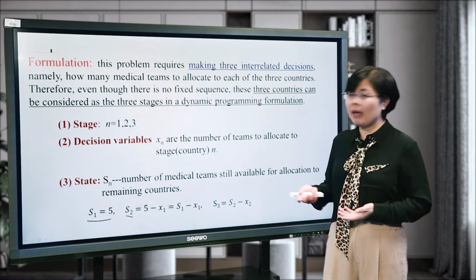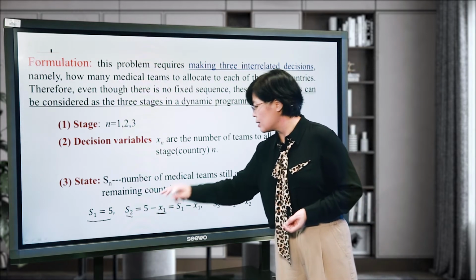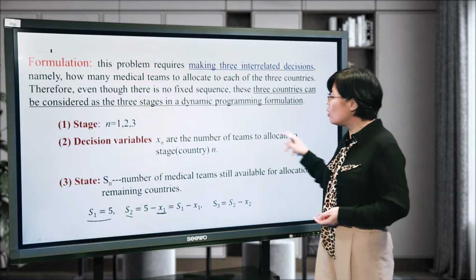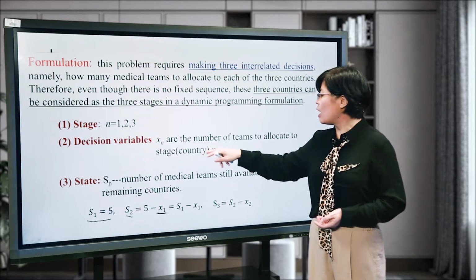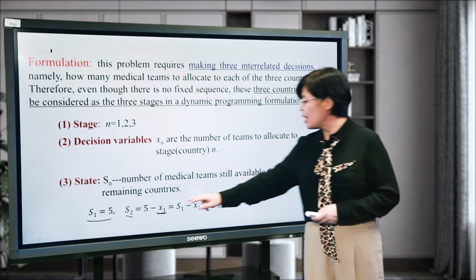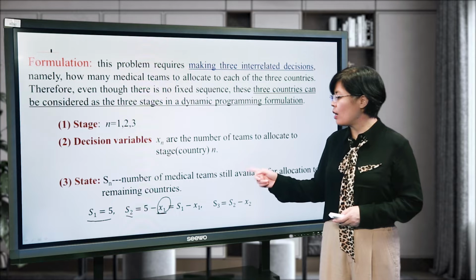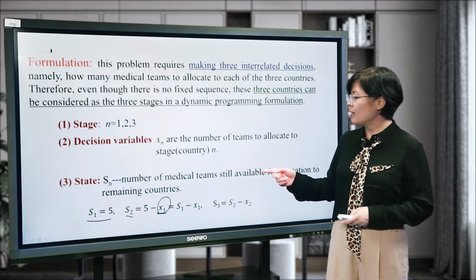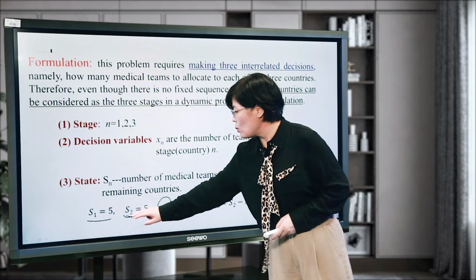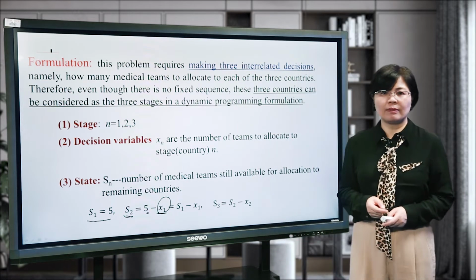S2, how many remaining? It is 5 minus X1, where X1 means the number of teams allocated to country 1. So if we allocate X1 teams to country 1, then the remaining teams will be 5 minus X1.